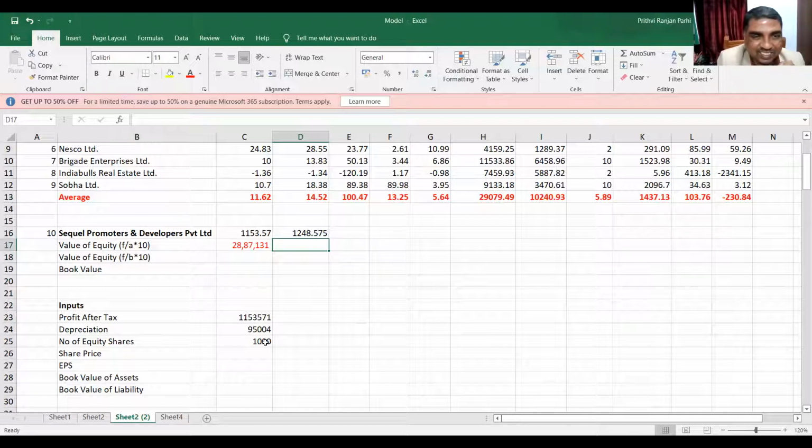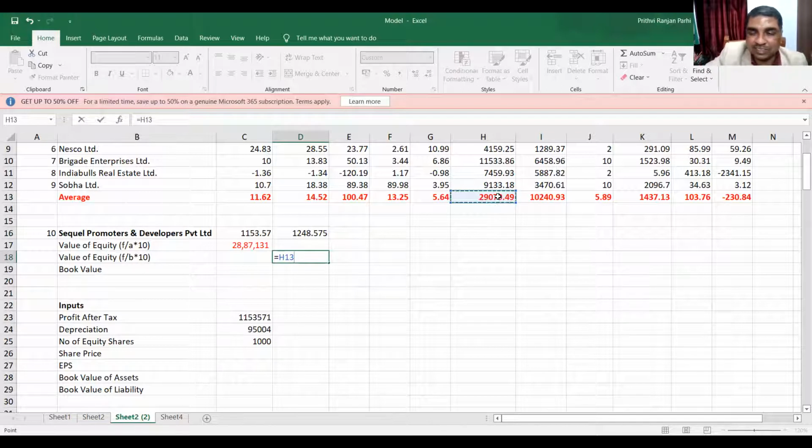If it is CEPS, on the basis of CEPS, if you want to compute my value, what I have to do is, again, this is the full market capitalization divided by market CEPS, multiplied with my CEPS.